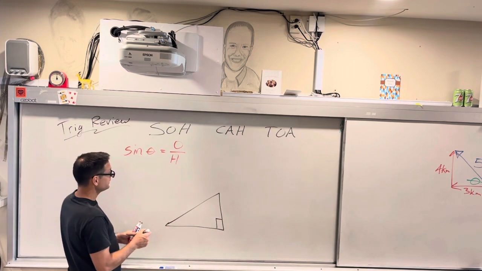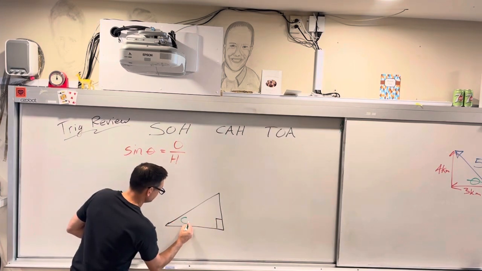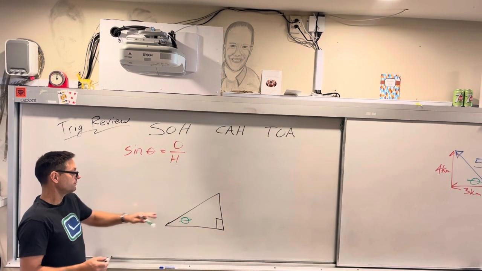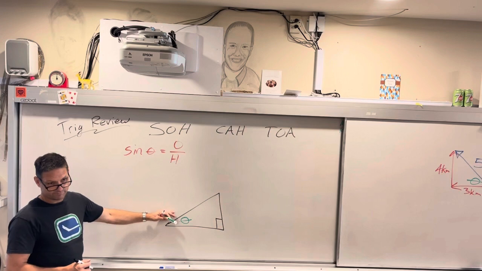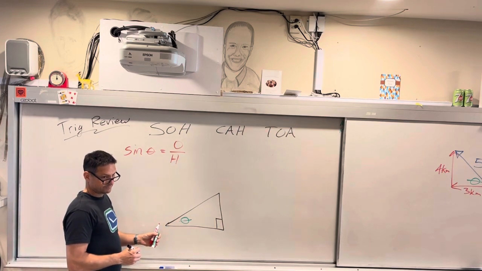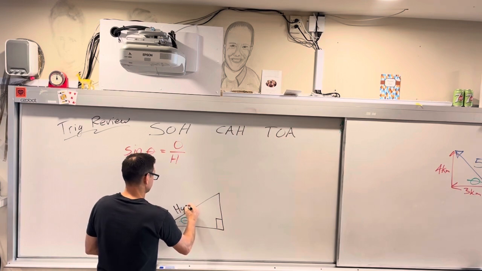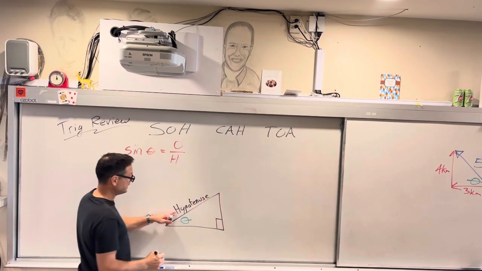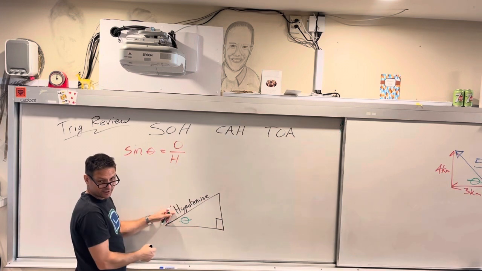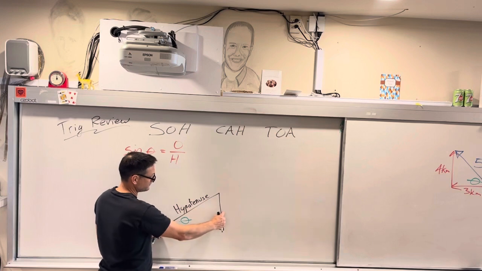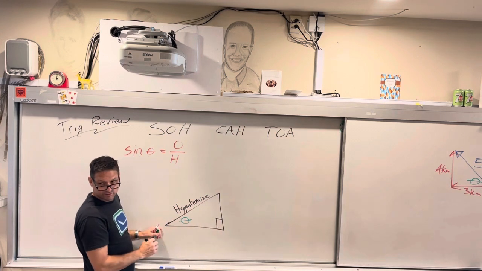And if my angle theta was here, let's say. Well, first of all, what's the long side? Hypotenuse, right? So H is for hypotenuse, that's the long side. What do we call the side that's across from the angle, not touching the angle?